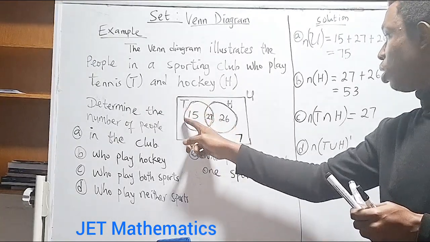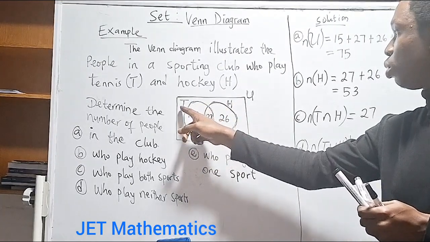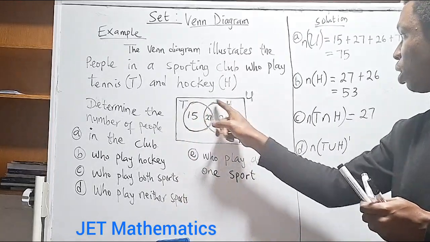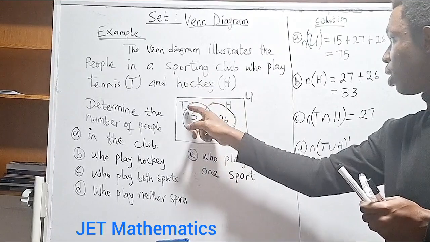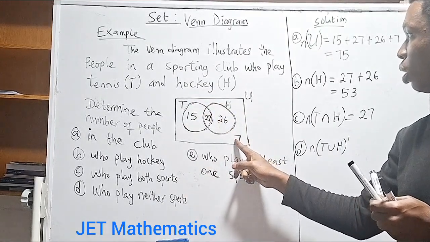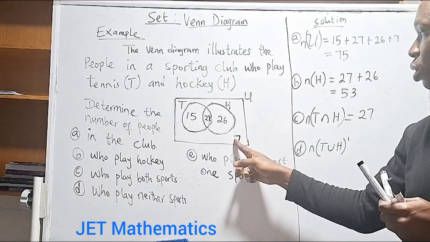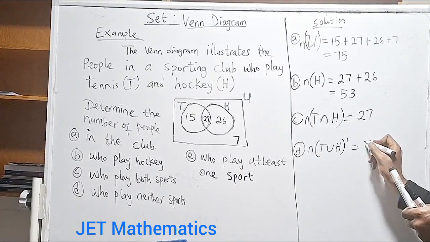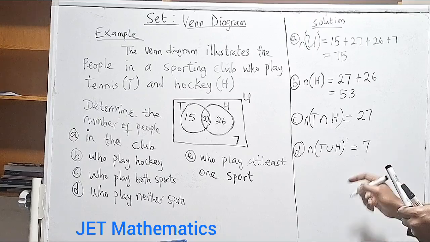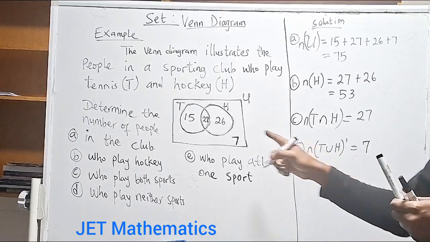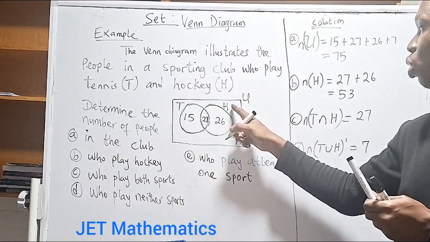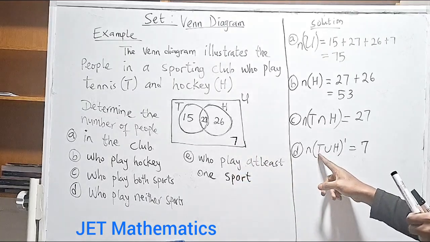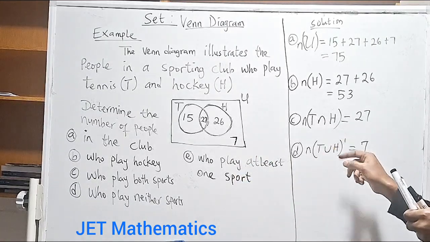T union H is everything here, both those who play tennis and those who play hockey. Anything outside here are those who play neither sport, and that gives us 7. So 7 people neither played tennis nor hockey. That is the set here, and it's represented as T union H complement.